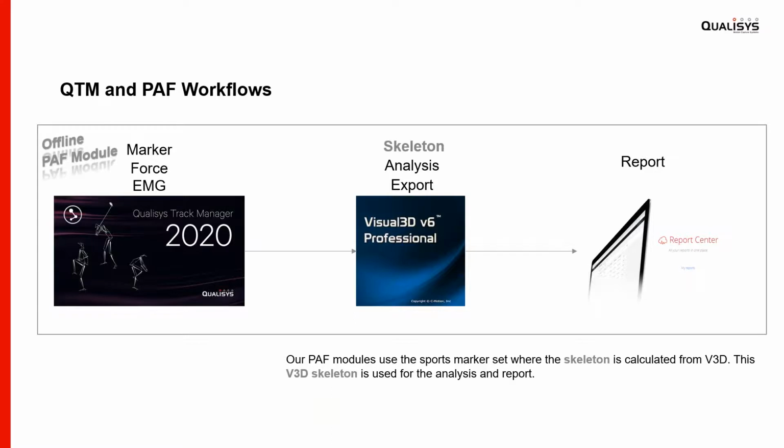What is very important here, and this is what I'm trying to summarize, is that our PAF modules use the sports marker set where the skeleton is calculated from Visual 3D. This Visual 3D skeleton is used for the analysis and to get a report.